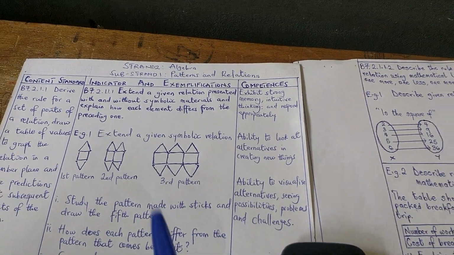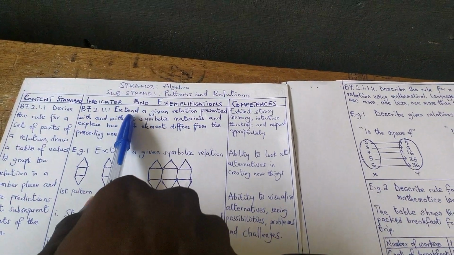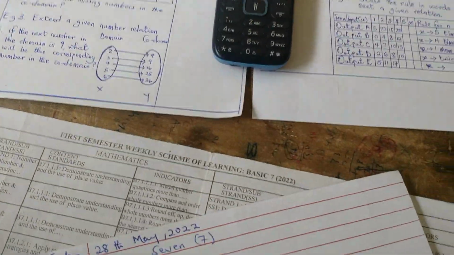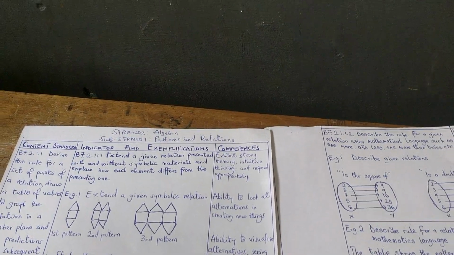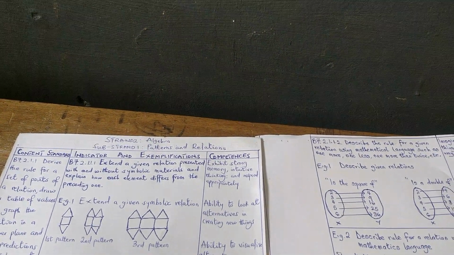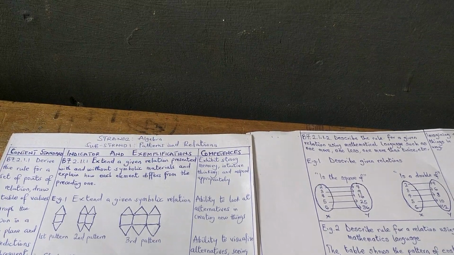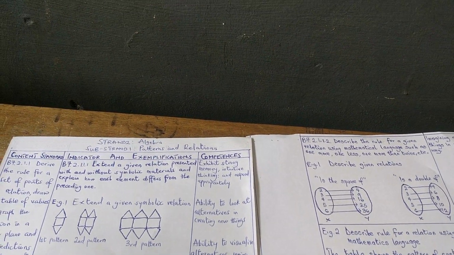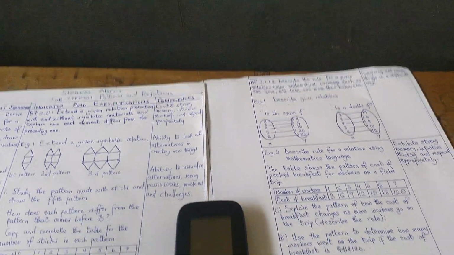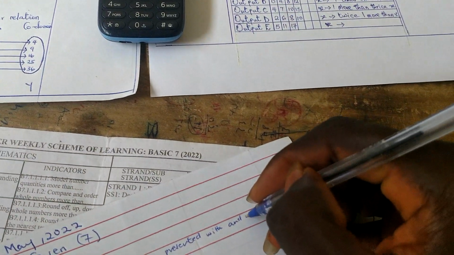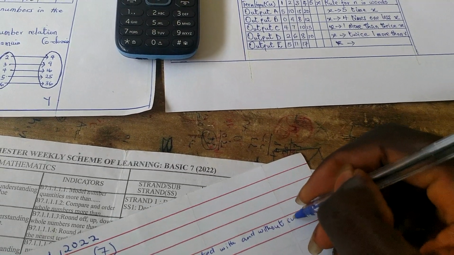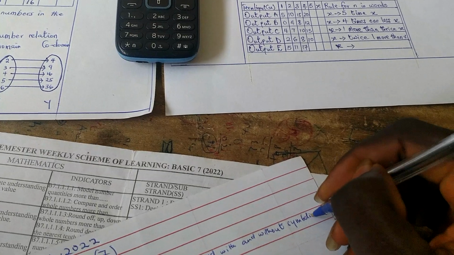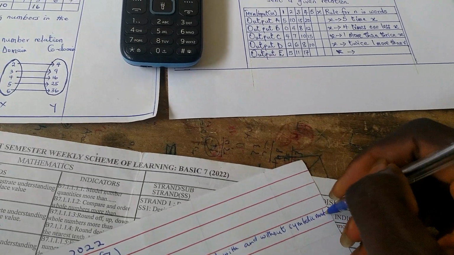So learners will extend from this place. Learners will extend it. For the learning indicator, we are going to say learners will extend a given relation presented with and without symbolic materials.